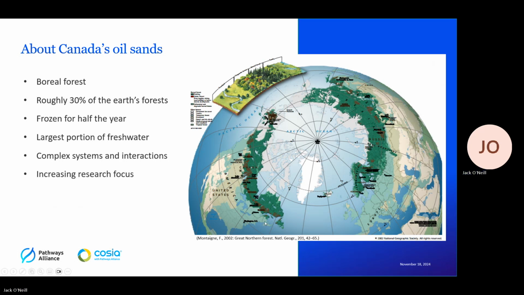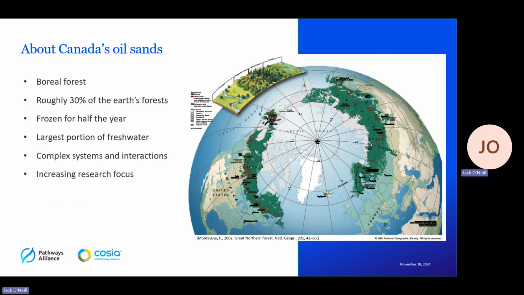The growing season is very limited. It's probably less than half the year would constitute the growing season. The northern boreal also includes the largest portion of fresh water on the entire planet. Complex system with lots of interactions going on. There's uplands, there's wetlands.